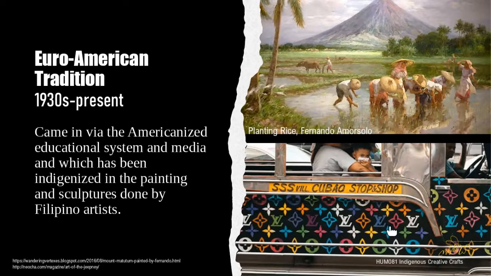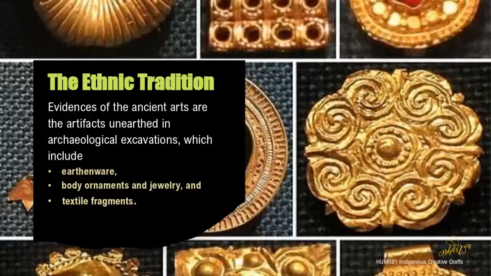Okay, so those are the three traditions, but this time now let us concentrate on the indigenous tradition, or the ethnic tradition. And there are so many influences of the ethnic tradition, just like what we have now.